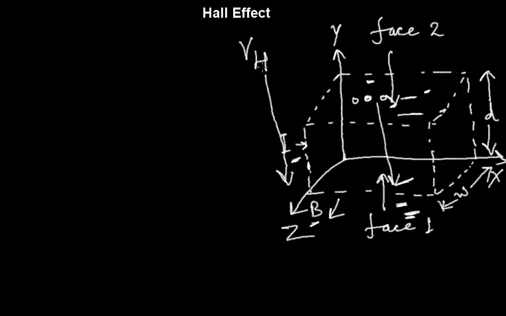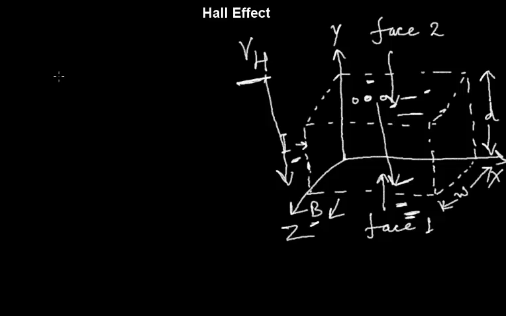And with the help of the polarity of Hall voltage, either positive or negative, we can determine the type of semiconductor, either N-type or P-type.